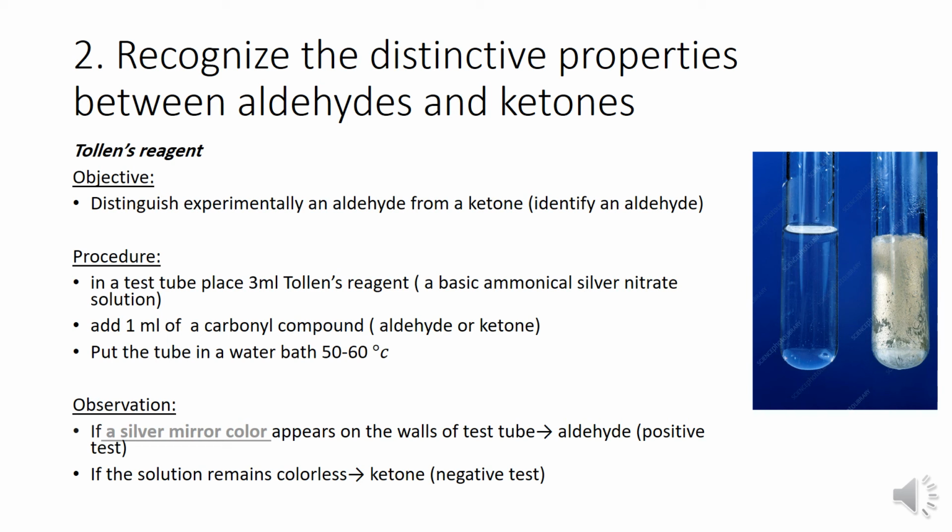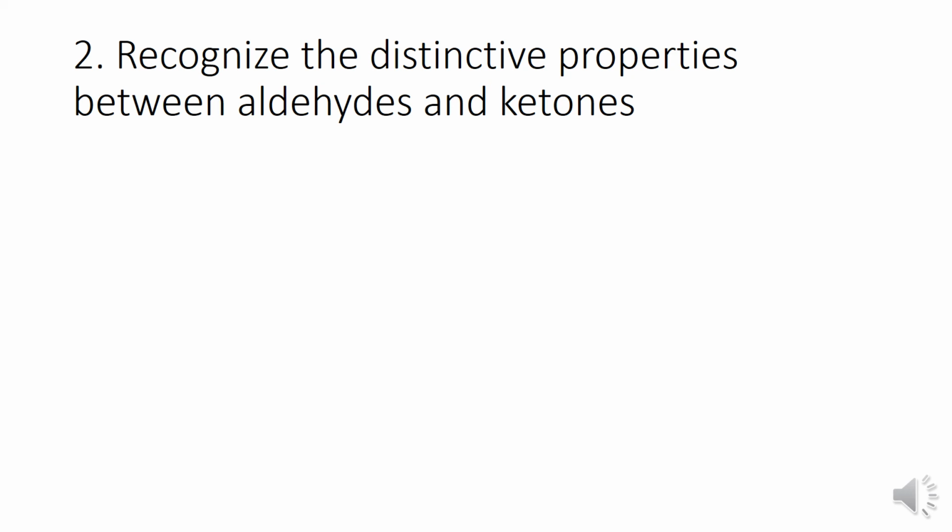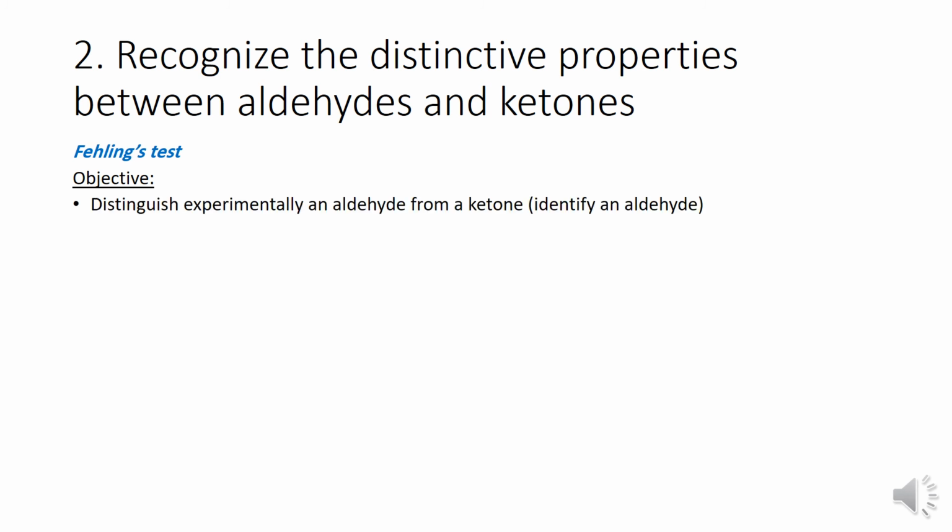Now let's move to the fourth test to distinguish aldehyde from ketone. It is Fehling's test. The objective here is to use Fehling's test to distinguish experimentally an aldehyde from a ketone, so to identify an aldehyde.